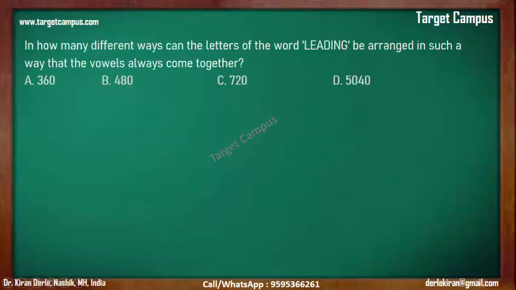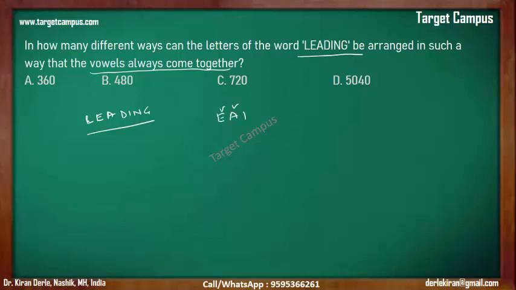So let's move forward. In how many different ways can the letters of the word LEADING be arranged in such a way that vowels always come together? We have the word LEADING. Which are the vowels in this? E, A, I, right?